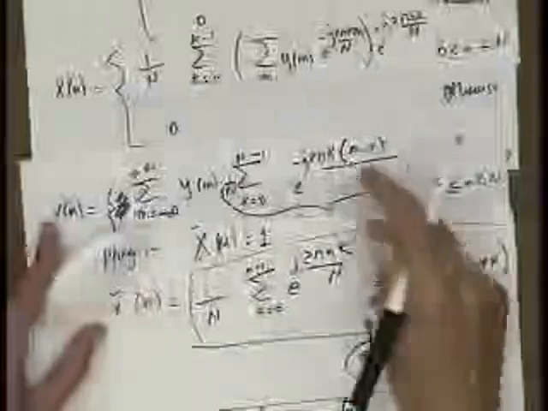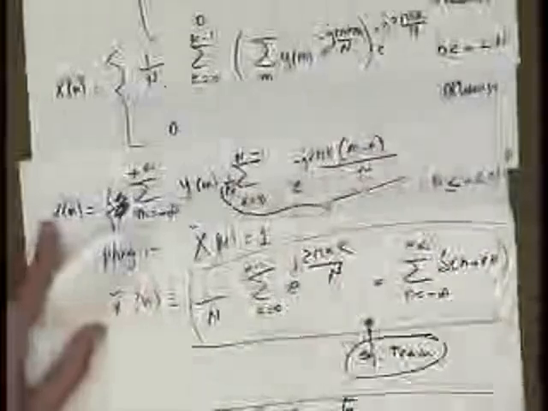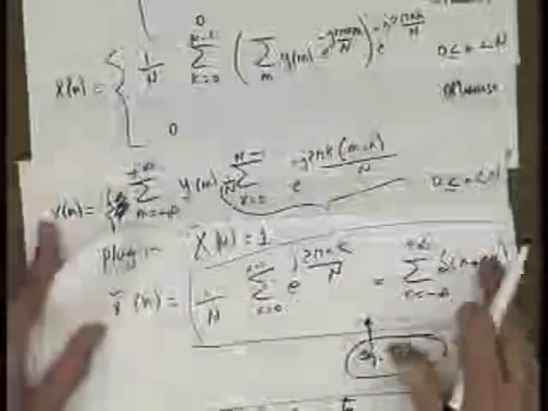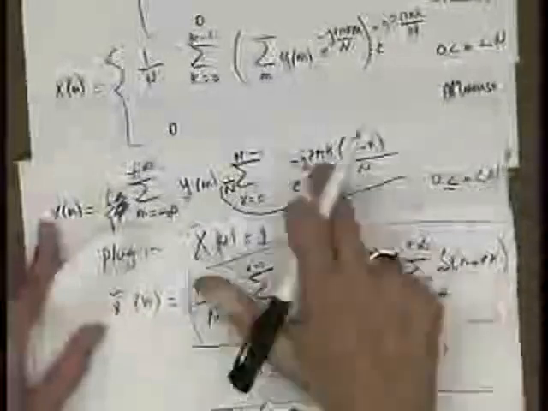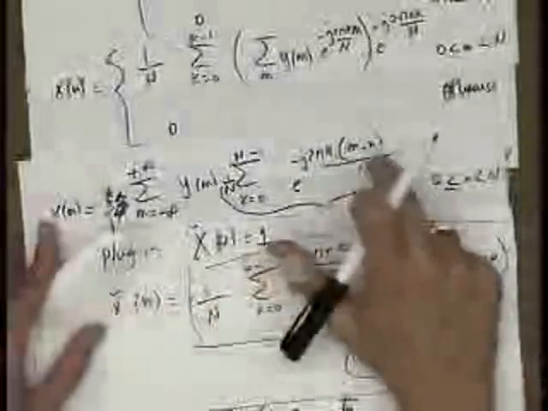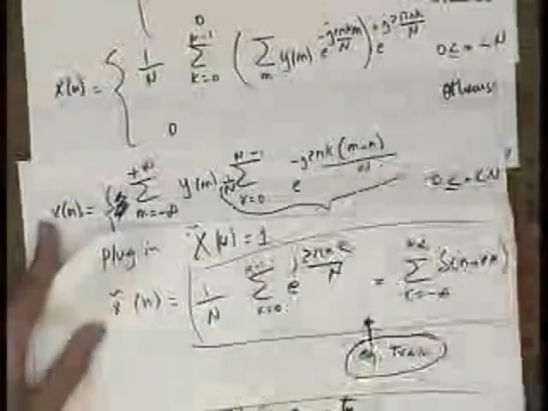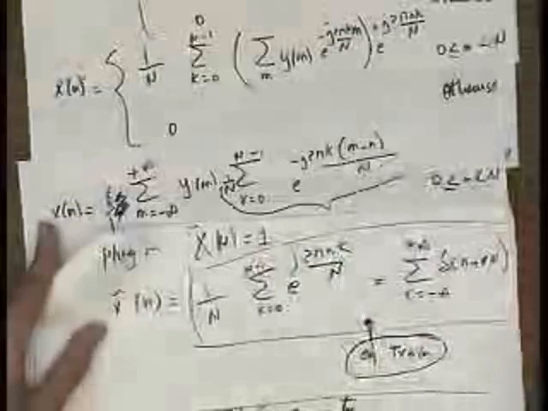Both of them are 1 over n. Both of them are k equals 0 to n minus 1, e to the minus j 2 pi k, m minus n over n, etc. So if this is equal to this function, this thing is going to be delta of, instead of n, m minus n, or rather n minus m. It really doesn't make any difference.